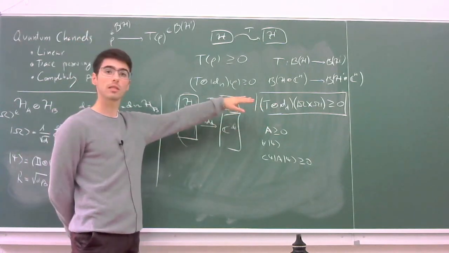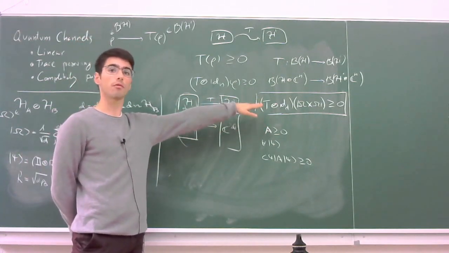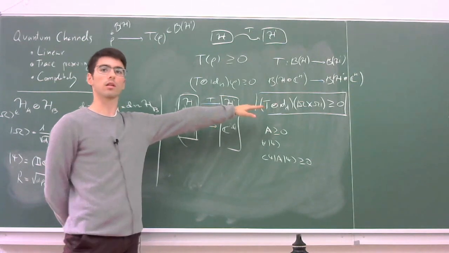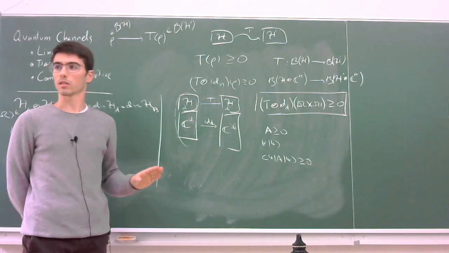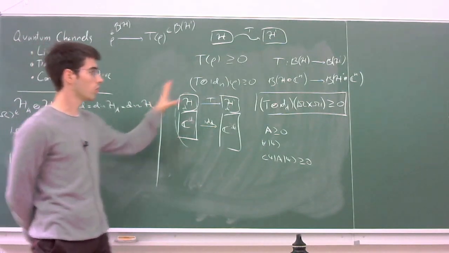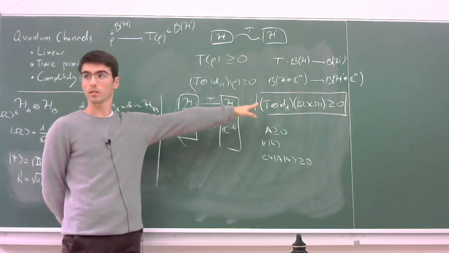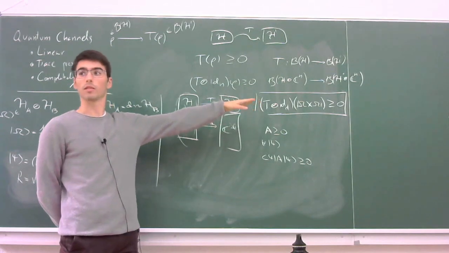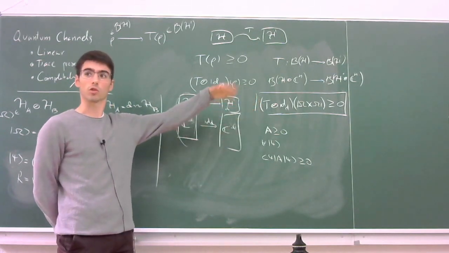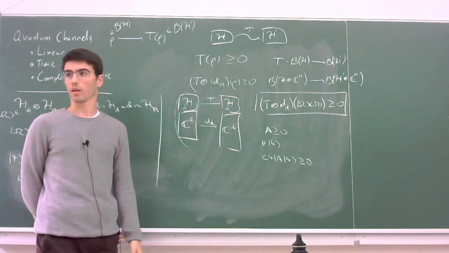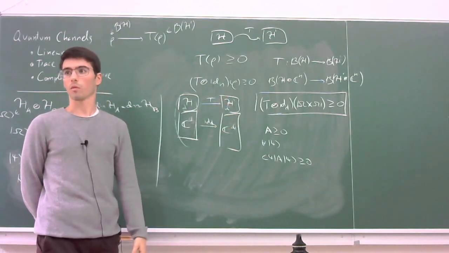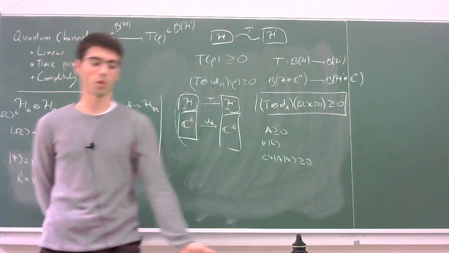So T is completely positive if and only if this thing is positive. I stopped here to explain what this state is. This state is the Choi-Jamiołkowski matrix state, which we won't have time to see.